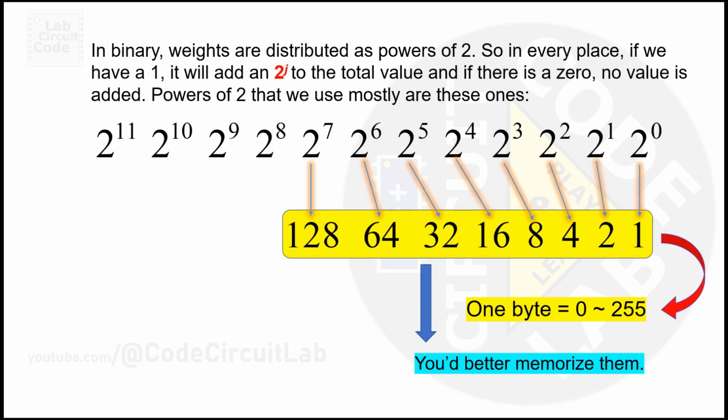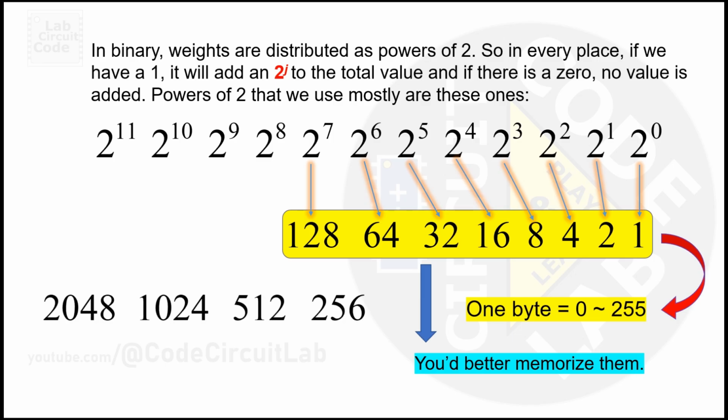We'd better memorize these numbers. We're going to need them in quick base conversion: 1, 2, 4, 8, 16, 32, 64, and 128. Other powers are 256, which is 2 to the 8th power. 2 to the 9th power is 512. 2 to the 10th power is 1024.